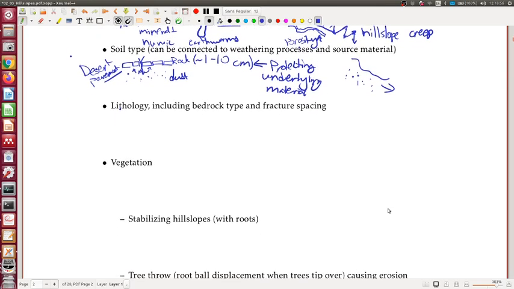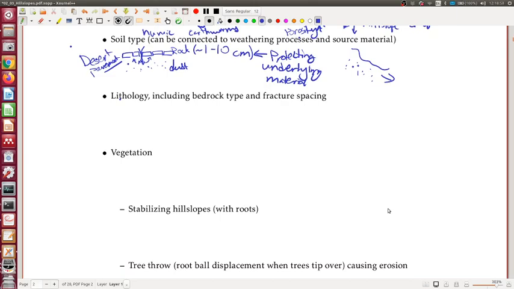Lithology is also important. And so, for example, if there's a limestone bedrock in it, that actually might dissolve, and by the way, for those of you who aren't geologists, this little brick thing is limestone. But then it also has distant fractures.